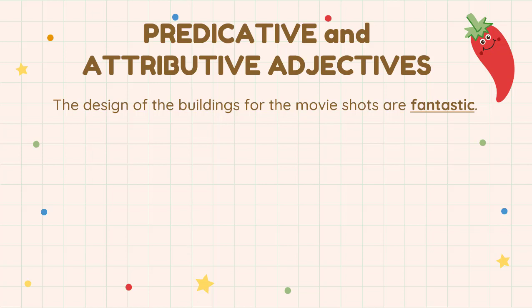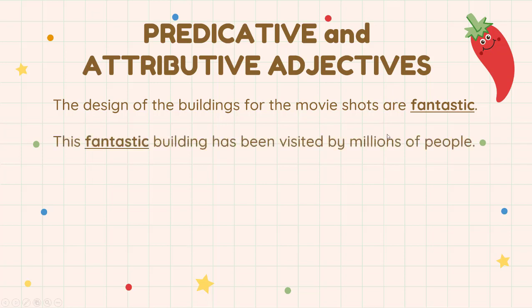The design of the buildings for the movie shots are fantastic. In this sentence, are is the linking verb, while attributive adjectives are put before the noun or after the noun directly. This fantastic building has been visited by millions of people. Fantastic is before building, the noun.